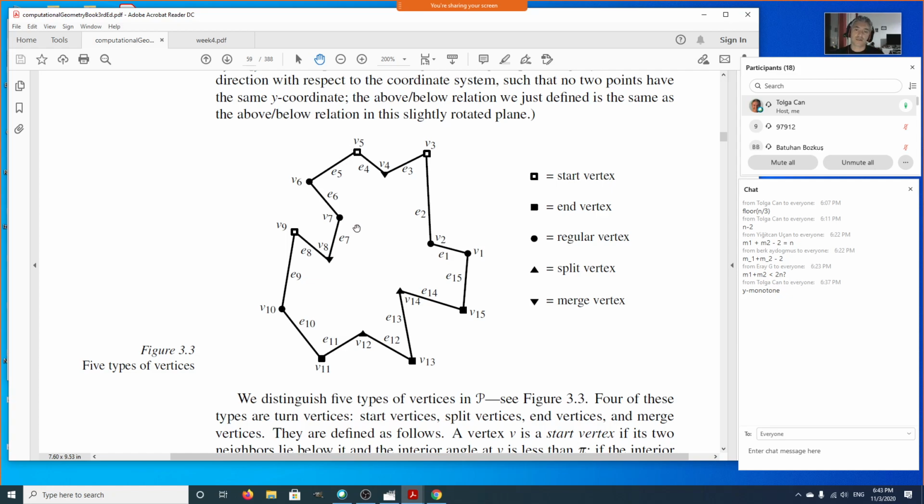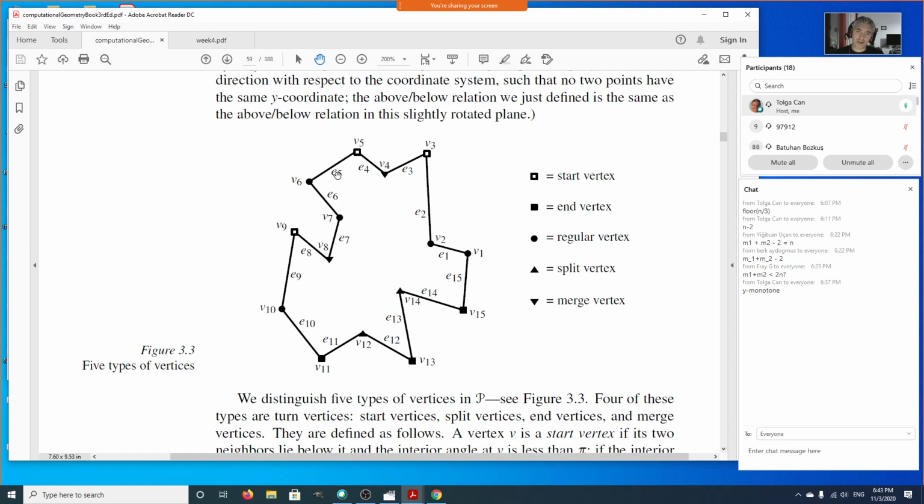Now, this is a degenerate case we can talk about later. For understanding the algorithm, let's assume that no two vertices have the same y-coordinate, for simplicity.